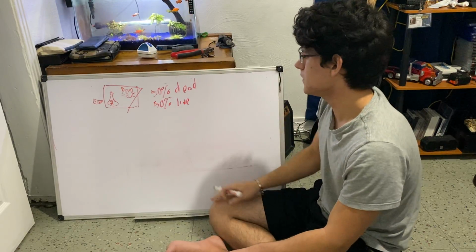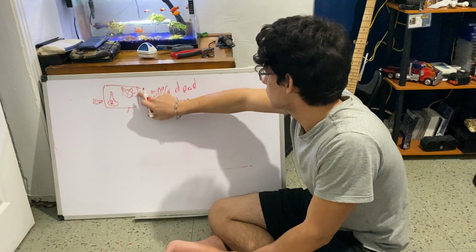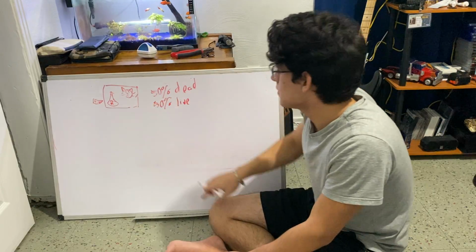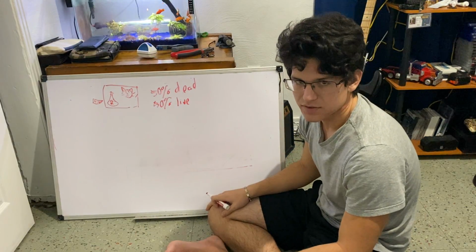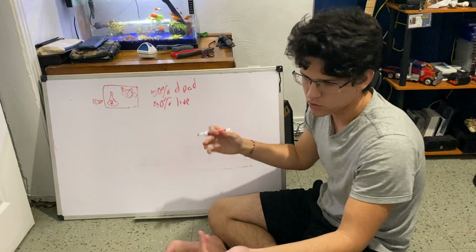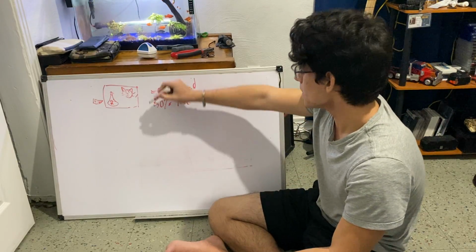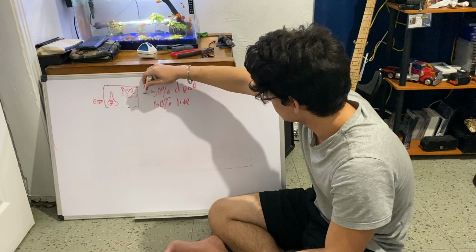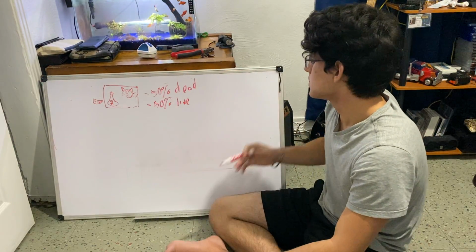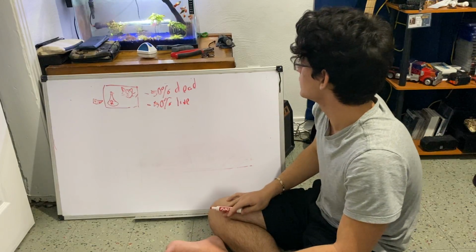You actually don't know. So this cat right now is dead and alive at the same time until you open the box. When you open the box, you are gonna get a dead cat or an alive one.